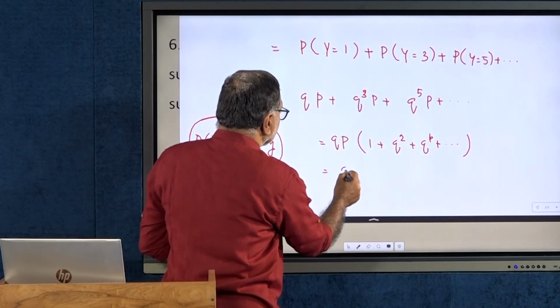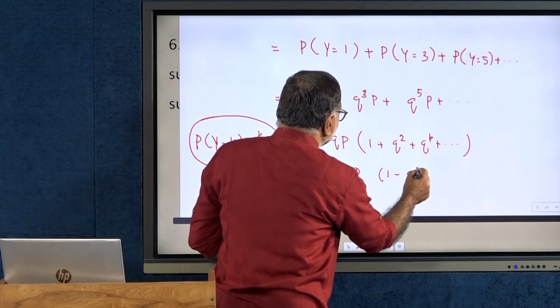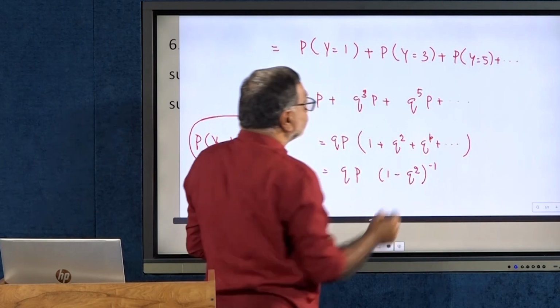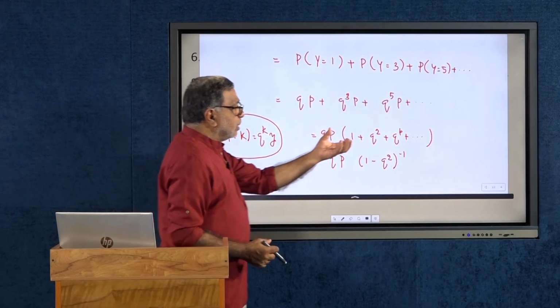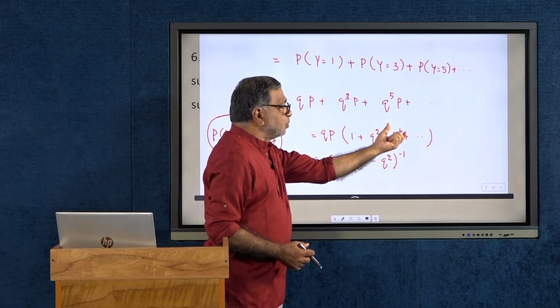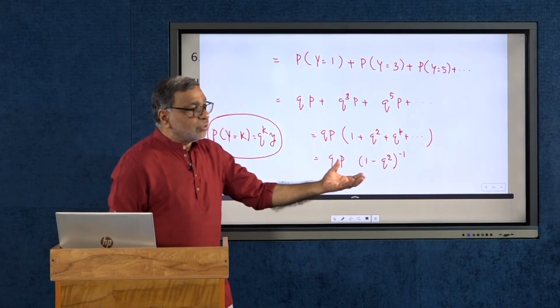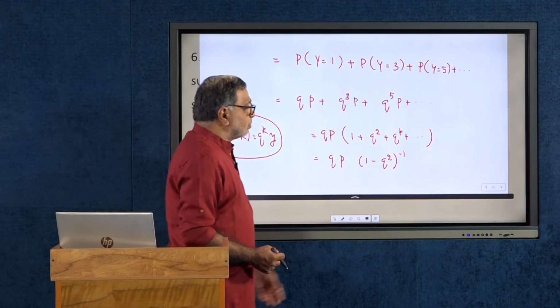Or that is qp into (1 minus q square) power minus 1, because this is 1 plus q square plus q power 4 plus etc., an infinite series, and the value is equal to (1 minus q square) power minus 1.